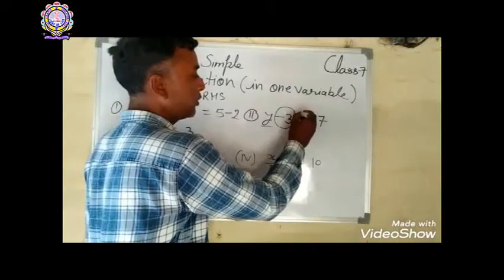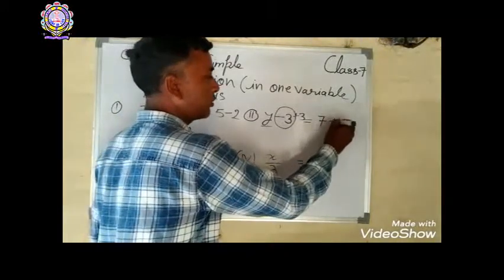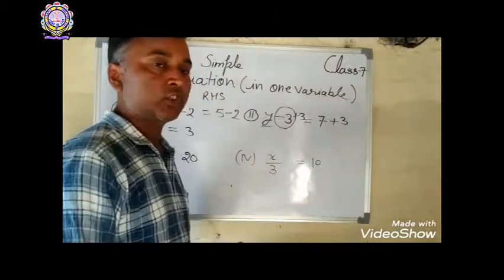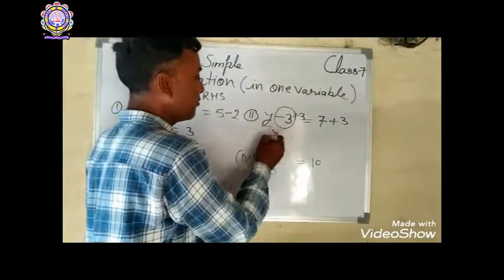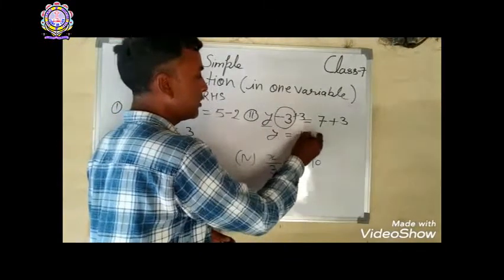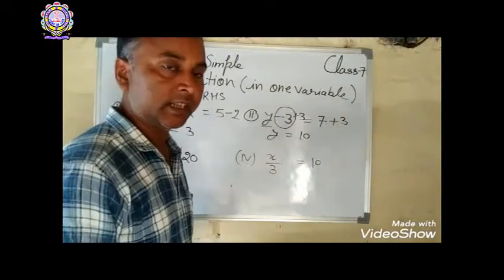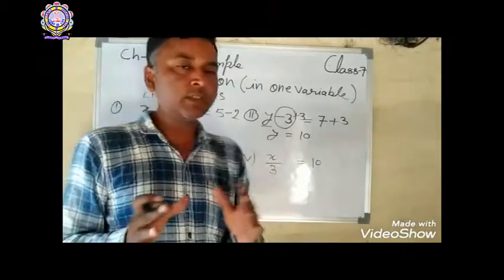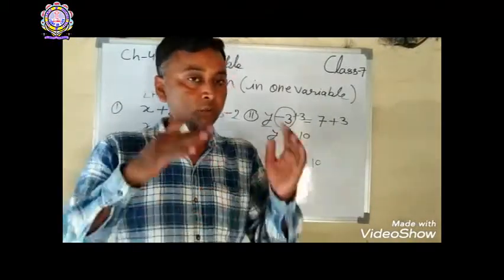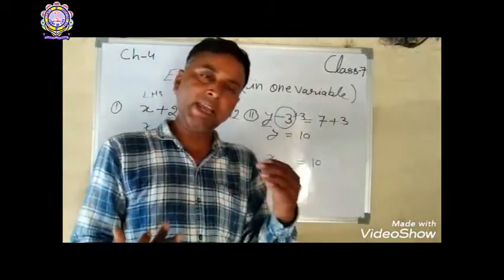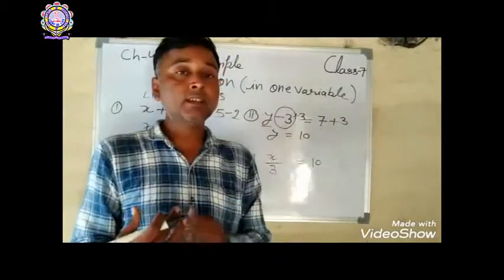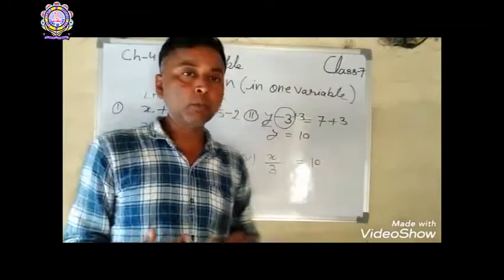Here you use plus 3 and here also you add 3. So you get the equation y is equal to 10. Is it clear? So any process you do to solve the equation, do it on both sides. If you are adding, do it on both sides; if subtracting, do it on both sides.